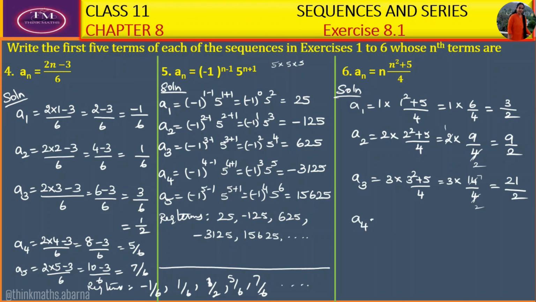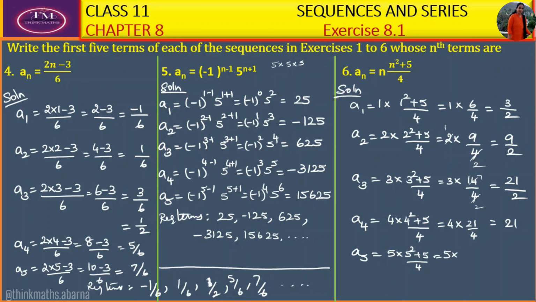Next A4. 4 into 4 square plus 5 divided by 4. So 4 into, what is 4 square? It is 16. 16 plus 5, it is 21 by 4. So this 4 gets cancelled and it is 21. Next A5. 5 into 5 square plus 5 by 4.